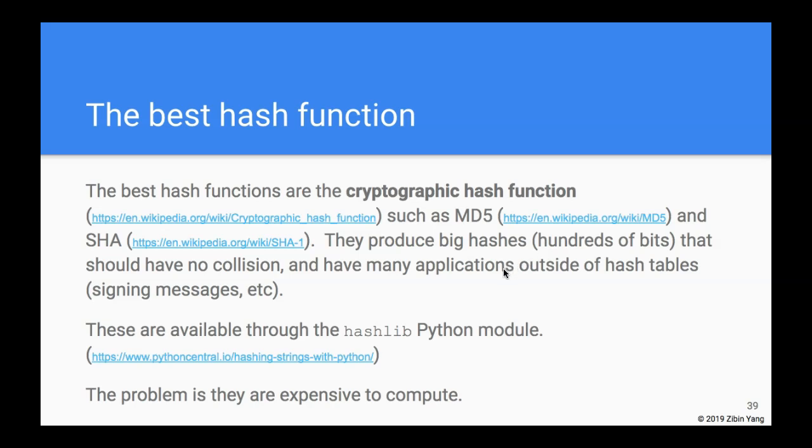Obviously they have many applications outside of hash tables, such as for signing messages, and they are available in Python through the hashlib module. But then why don't we just use them all the time? The problem is it takes a lot of computational power to compute them. For most applications, the string hash function that I just demonstrated was good enough.